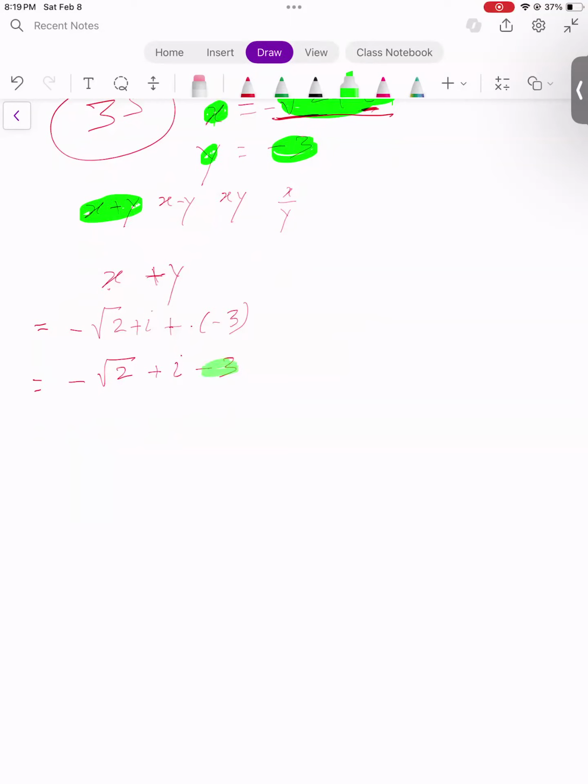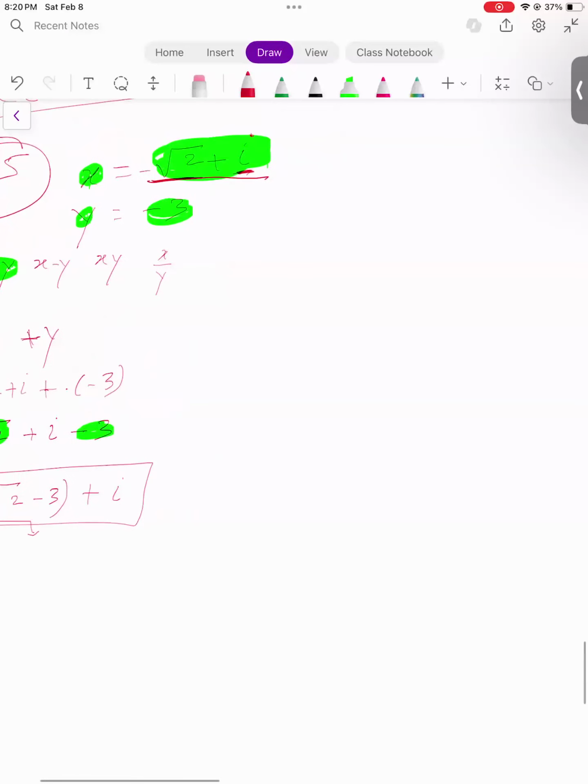These two are the real part, so we write them together, or you can simplify using a calculator, or you can write negative root 2 and negative 3 together and i separately, and this is your final answer. You can use your calculator and write the decimal here, but you are not required to do that. Does anyone have any question in finding x plus y? You are adding the x complex number and the y complex number.